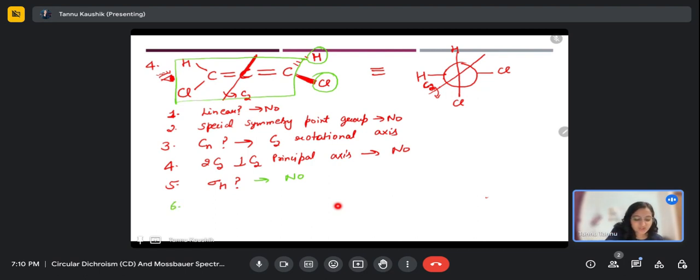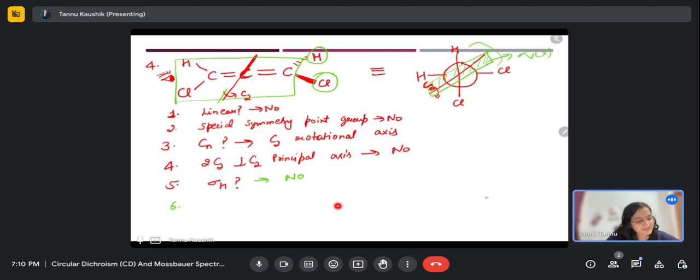Now the next question is: do we have any vertical planes in the molecule? Again, we don't have any vertical planes. For a vertical plane, we should have a plane which contains this C2 axis, but after reflecting this molecule through this vertical plane, we won't get an equivalent symmetry.